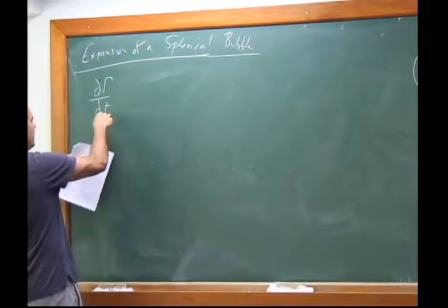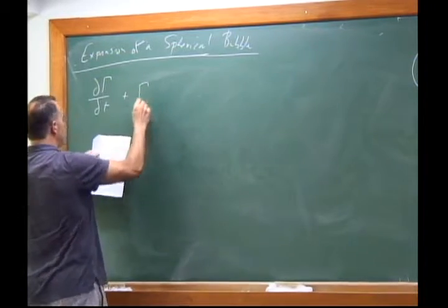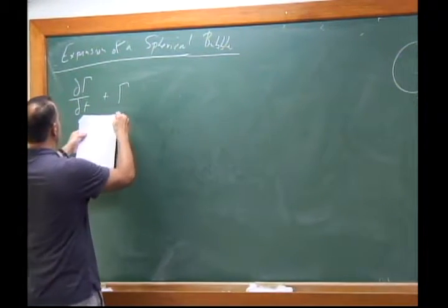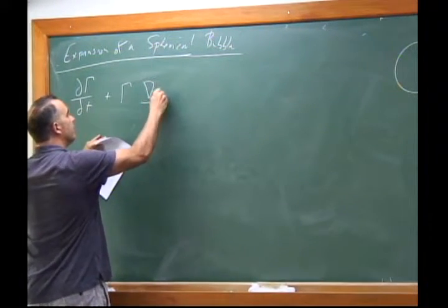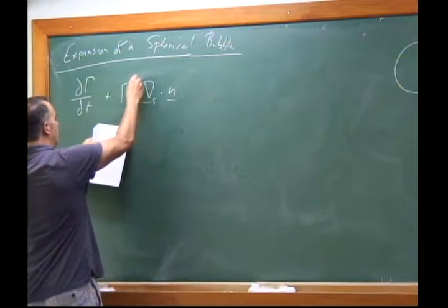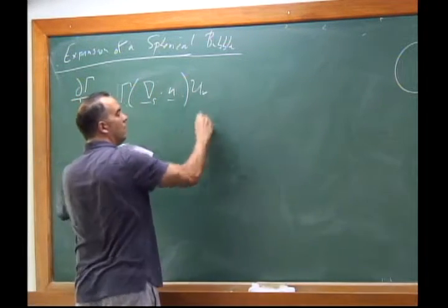So the local rate of change of surfactants. So we basically just keep the first and the third terms there. Gamma div surface n dr, so n.